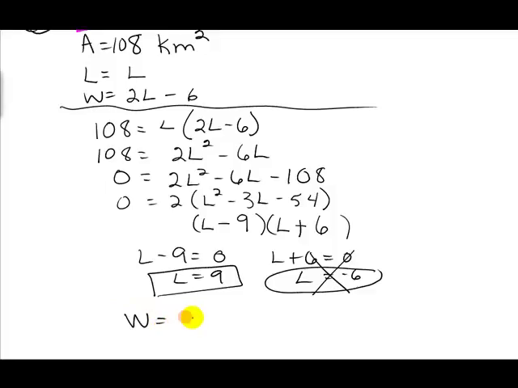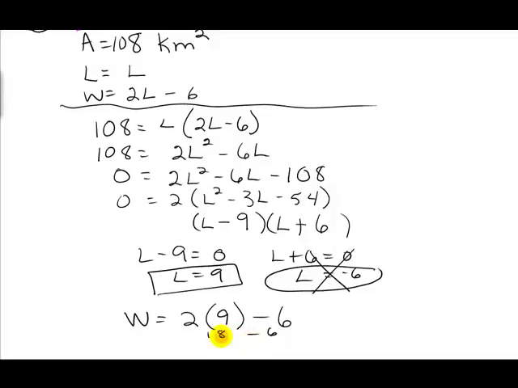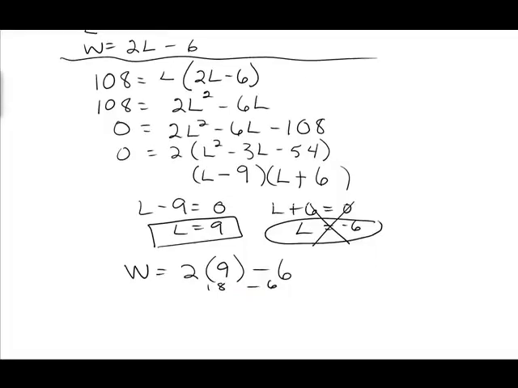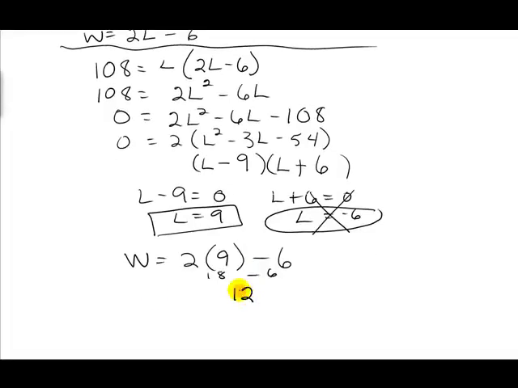The width is 2 times the length minus 6. And we're saying the length is 9. So 18 minus 6 is going to give us 12. Our width equals 12.